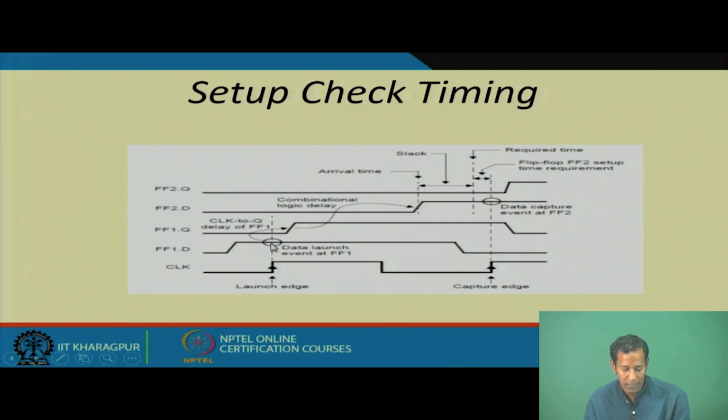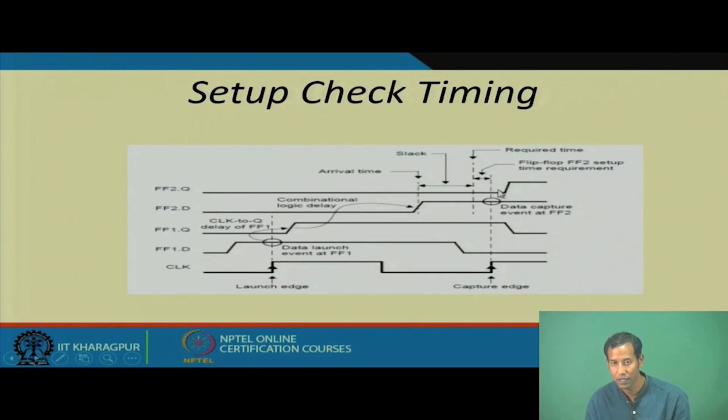In this case the data for flip flop 1 is 1, so its output comes over here, and as Q is 0 at this edge, it continues to be 0. Then at the next clock edge it finds that flip flop 1's data is 0, so after some time it comes down to 0, and here the input of flip flop 2 is 1, so it goes to 1 after some time.